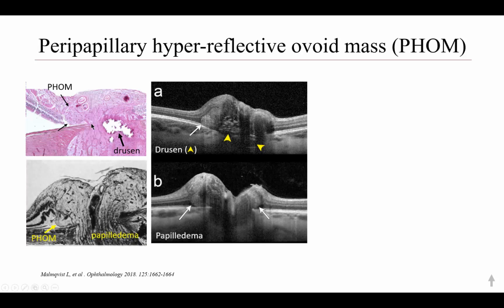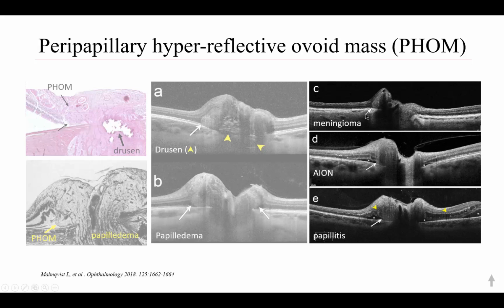Additionally, the identical structure can be seen in patients with papilledema, which again, Peyton has shown are due to distended axons in the peripapillary tissue. Moreover, you can see these FOMS in patients with meningiomas, ischemic optic neuropathy, papillitis. There's nothing specific about it. And also, when the disc edema resolves, these FOMS also disappear. These are not drusen.